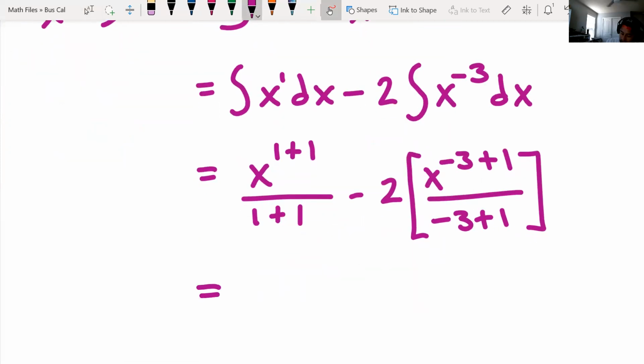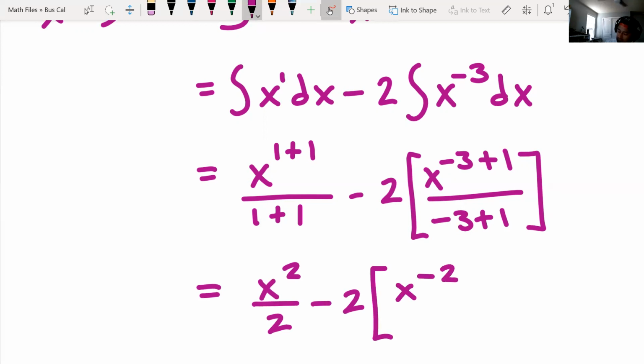Here we get x squared over 2 minus 2 times x to the -2 over -2.